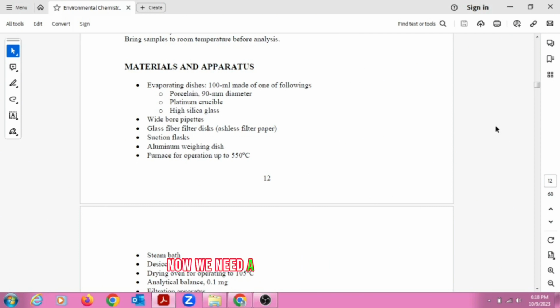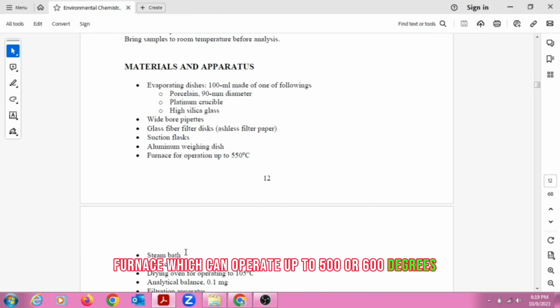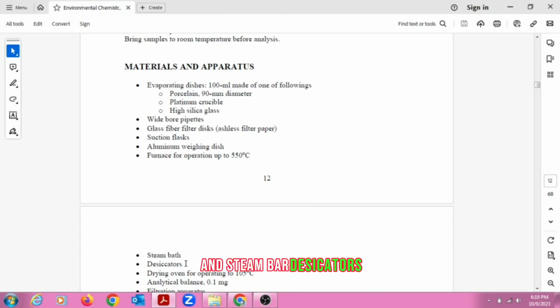Now we need a certain kind of equipment. We need the porcelain dish, which is 90 mm in diameter. If we are doing it for 100 ml of the sample, we need a platinum crucible or high silica glass. We need pipettes, a glass filter disc, a suction flask, an aluminum dish, and also a muffle furnace, or a furnace which can operate up to 500 or 600 degrees C. The steam bath, desiccators for cooling down the samples.